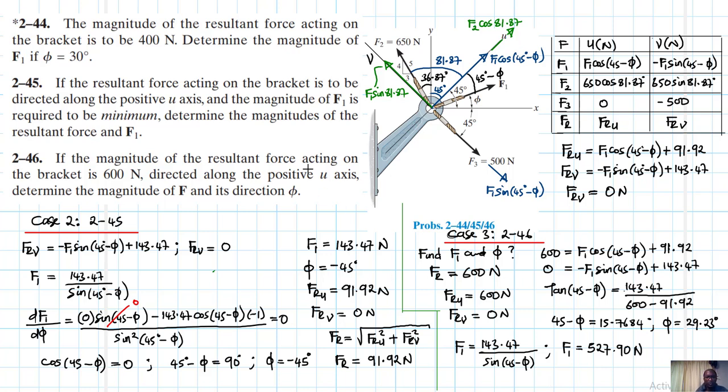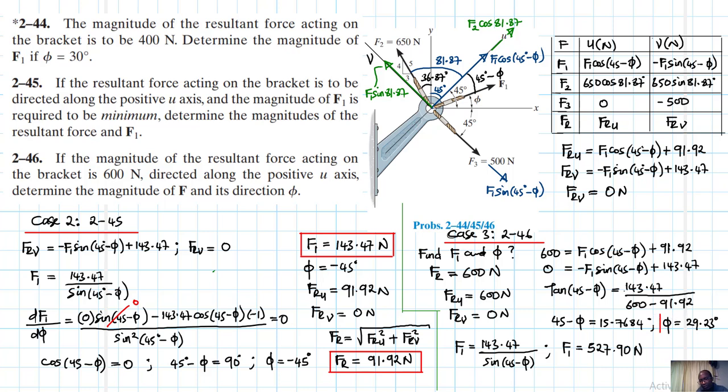Great. So we found F1, we found phi. So let's just outline our solutions. In the first case, we have been asked to determine the magnitude of the resultant as well as F1, right? So we found F1 here, which was the minimum value, and we also found the resultant. In the second case, we have been asked to find phi and F1.